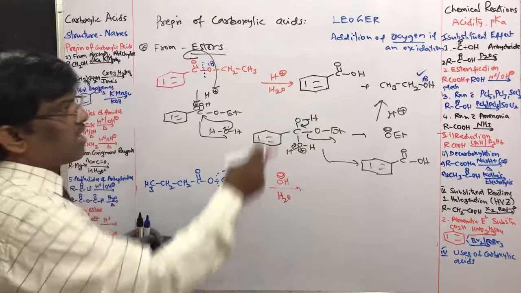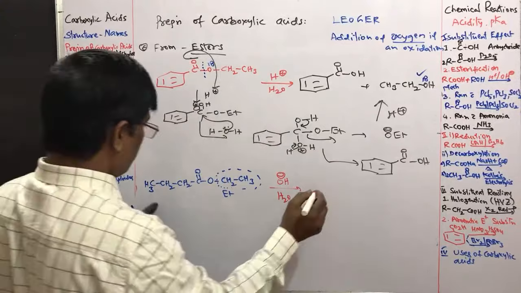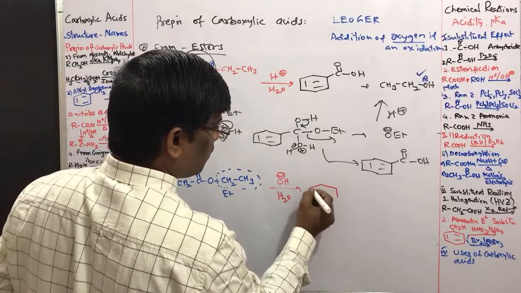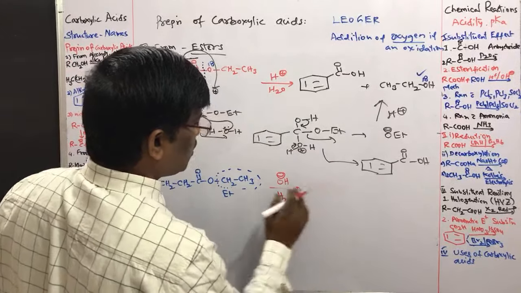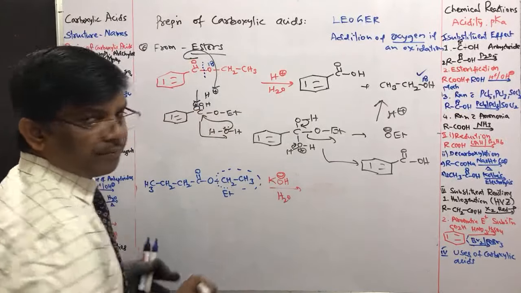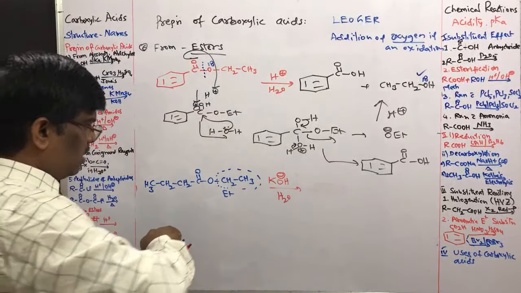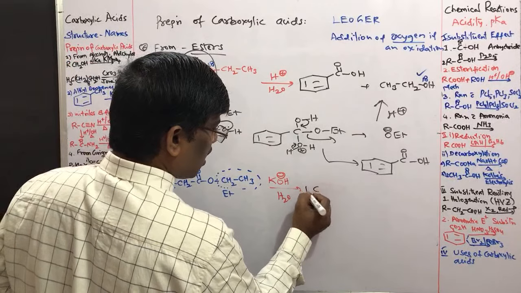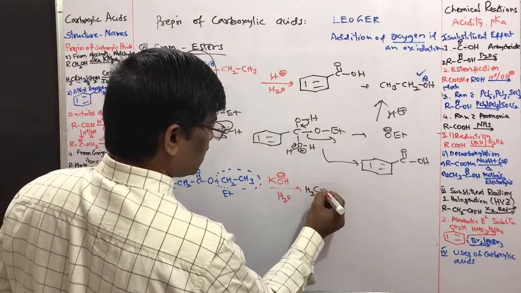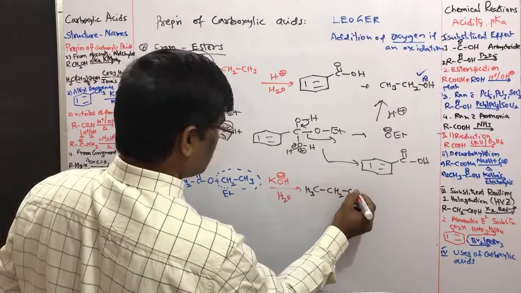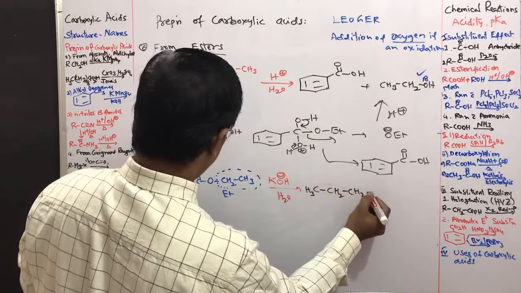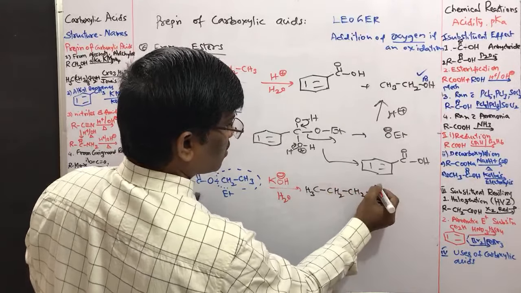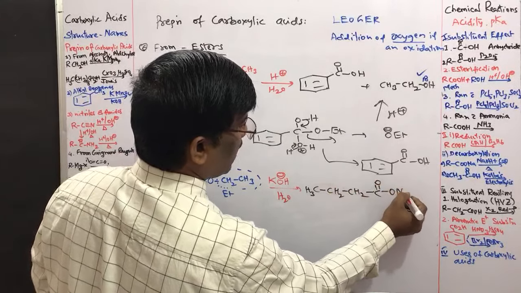Base hydrolysis, acid hydrolysis or base hydrolysis. Since I am using base, let me use KOH or sodium hydroxide. I am going to get CH3CH2CH2COONa.